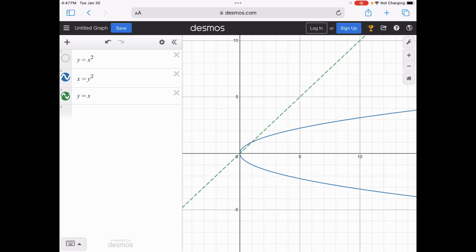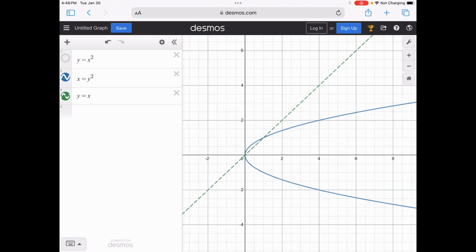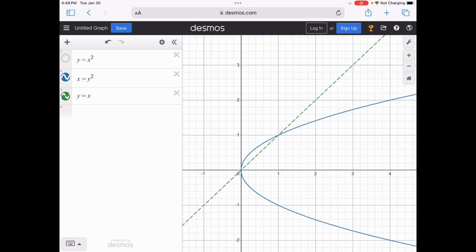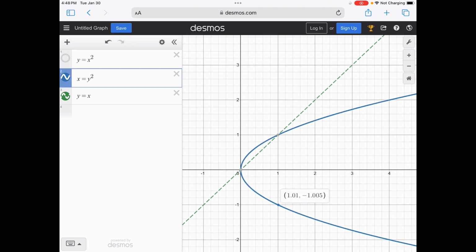Our calculator would require us to solve for y if we wanted to graph it, and we'd have y equals plus or minus the square root of x. So then at one x input, we're getting two y outputs. For example, when x is 1, y could be 1 or negative 1. In fact, we see those points on our graph, 1 and then negative 1 down here, okay?